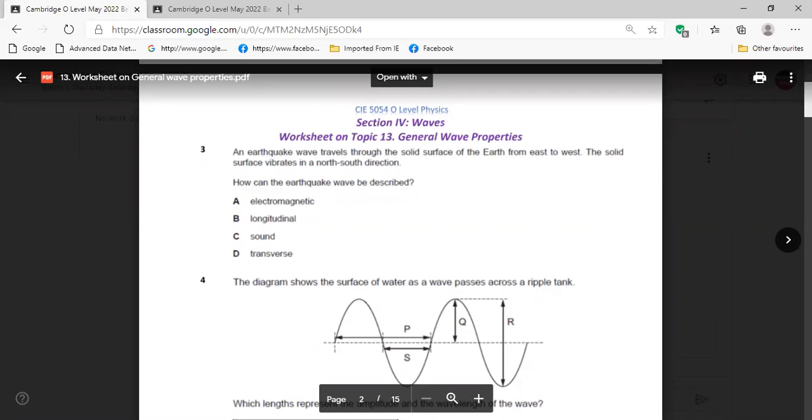Longitudinal. How can you explain? Sir, because longitudinal is the wave which is parallel to the direction of the wave. So here they are saying the wave travels east to west and the solid surface vibrates in the north-south direction. So are they going parallel or perpendicular?